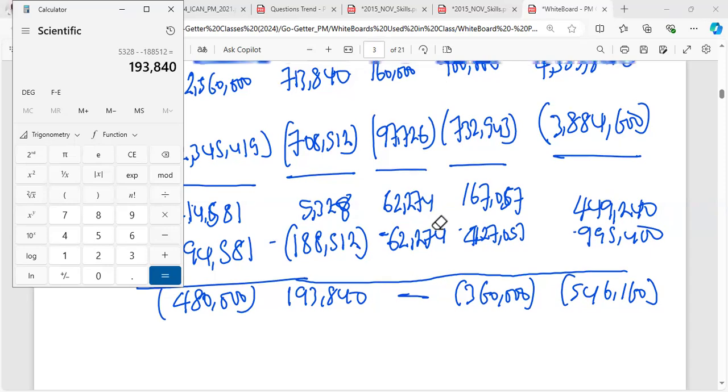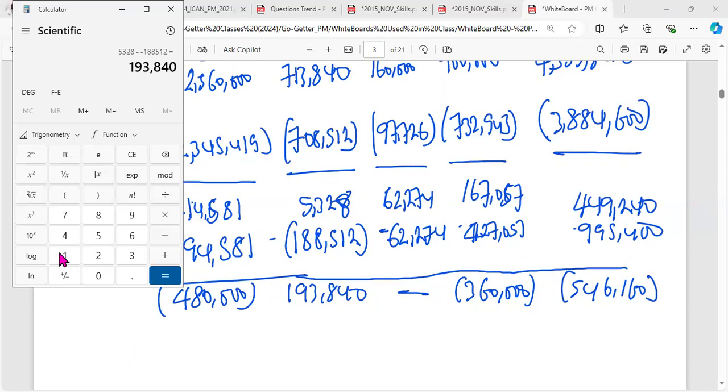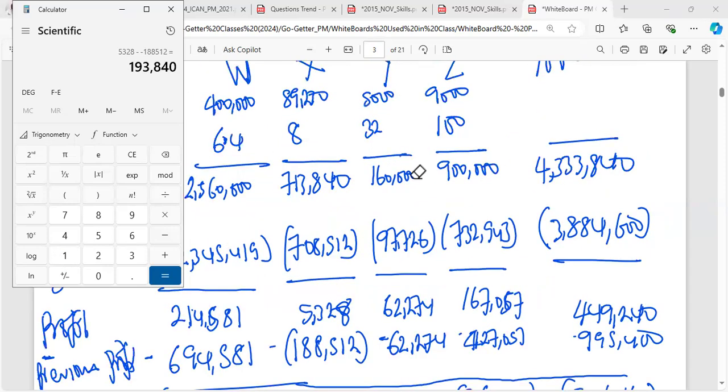62,274, and 62,274 go. Okay, I need to be sure whether this is the same thing. 160 minus 97,726, okay, minus 62,274, 0.